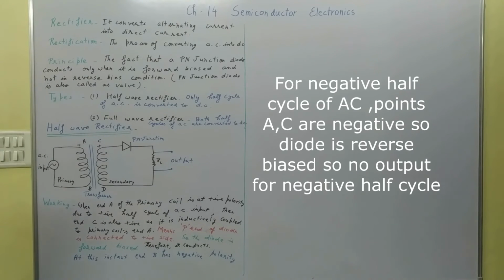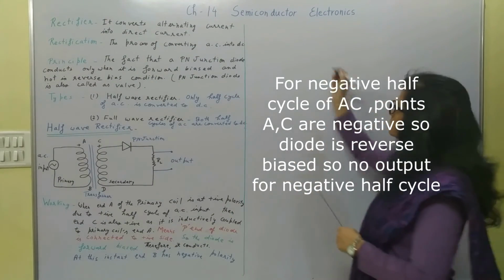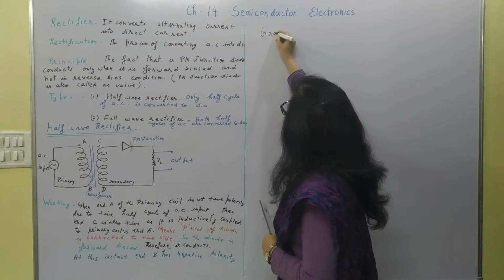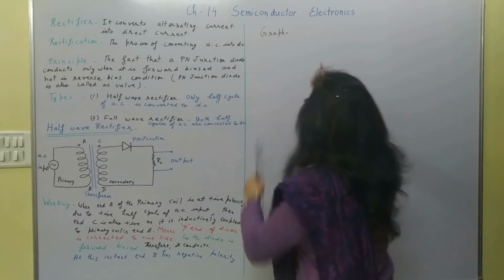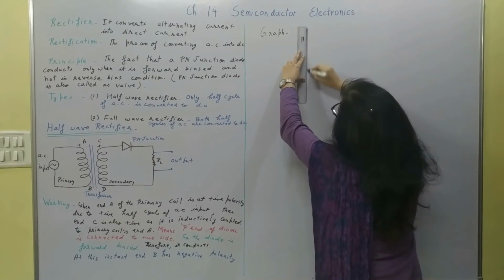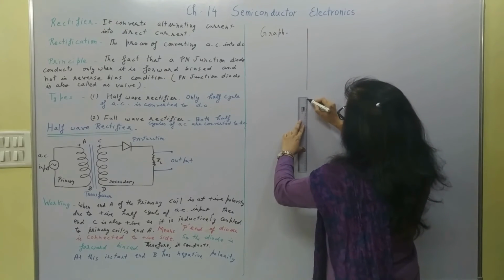If we want to look at the graphical representation, we can draw the diagram like this. First I'll draw the graph for the input and then the output.